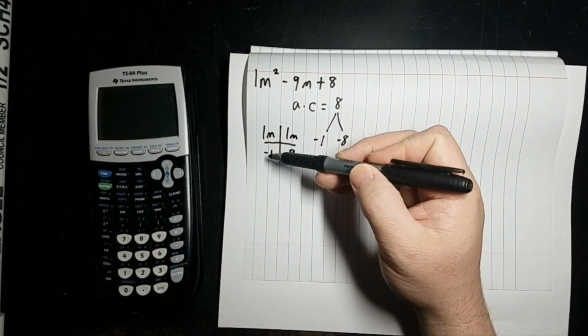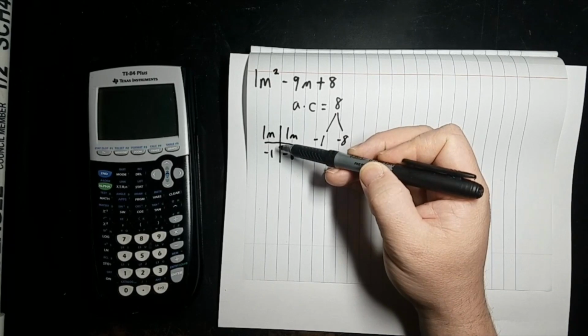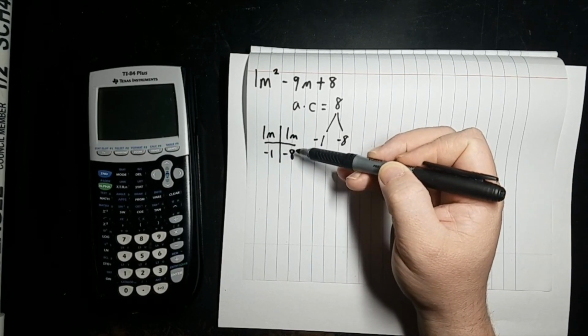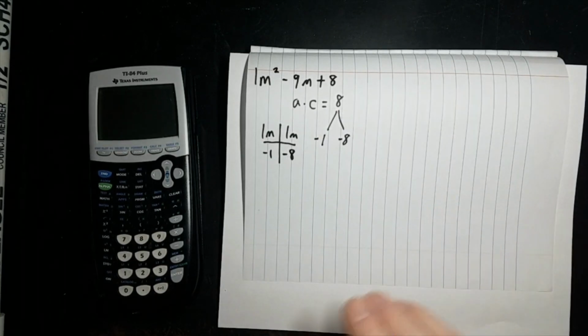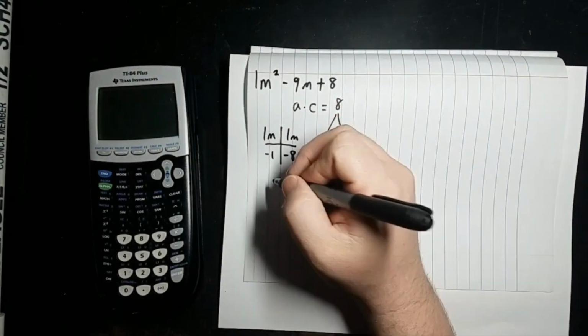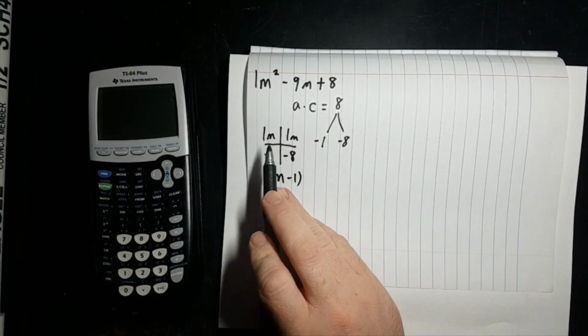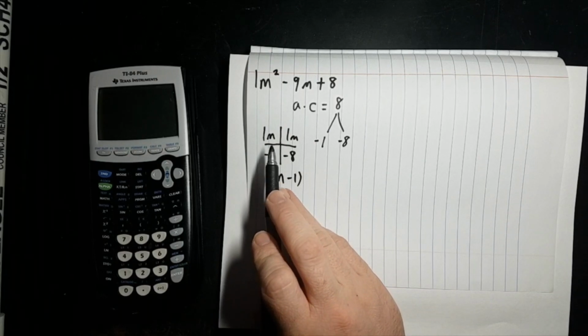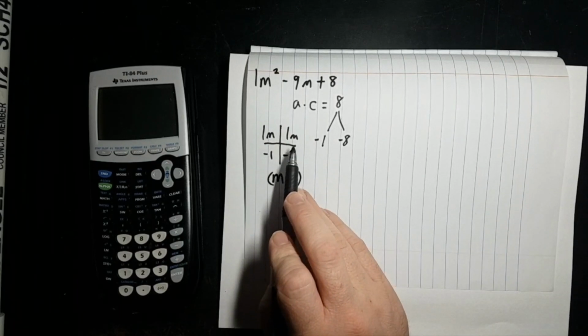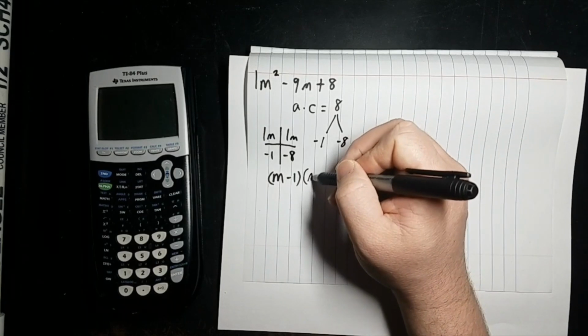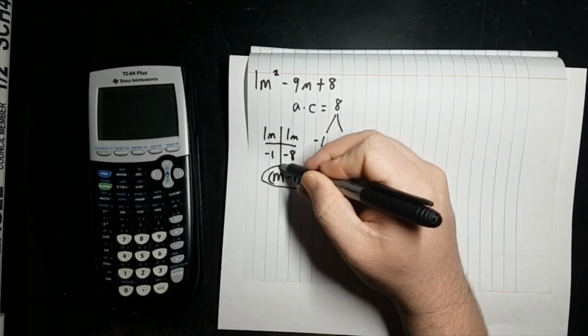Again, the negative has to stay on the bottom. 1 over 1, nothing. 1 over 8, nothing. Again, the next problem, we'll see what happens. This would be an m minus 1, because vertically right here, this is a 1m minus 1. Same thing here, 1m minus 8.